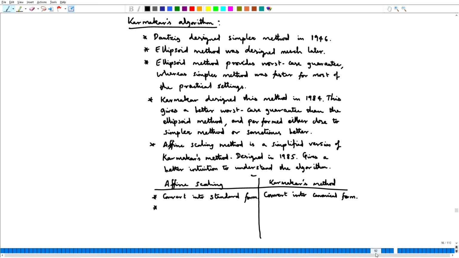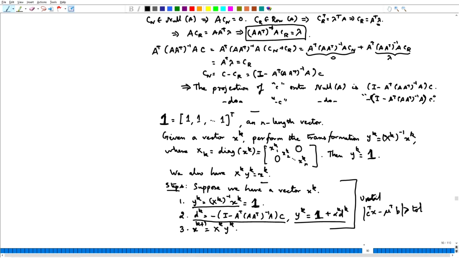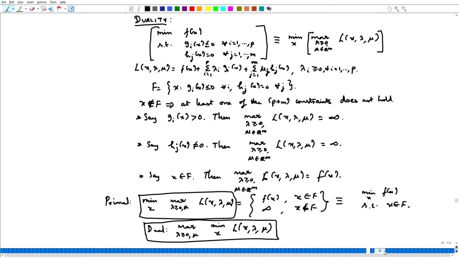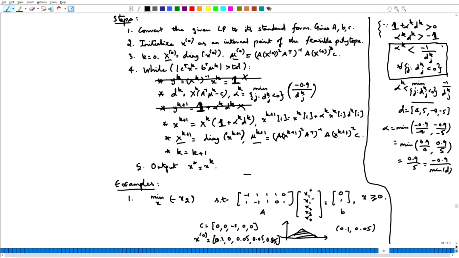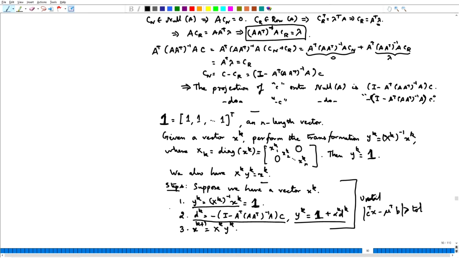The first step is the centering process. The second step is you find the direction and move over there, and the third step is the decentering process. So, this is the formal algorithm: first centering, second moving along a direction, and third decentering.